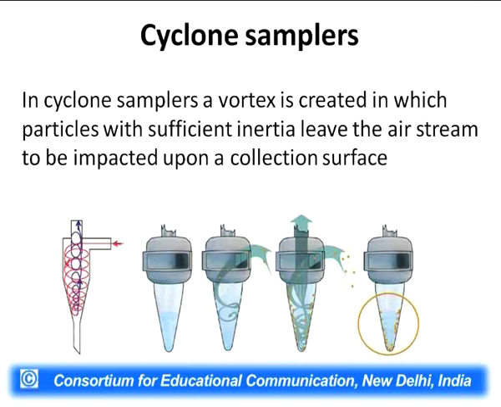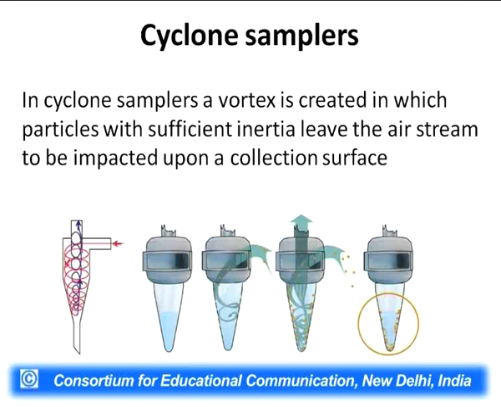So, as far as definition is concerned, we can say that in cyclone samplers a vortex is created. A vortex is basically a whirling of the particles so that particles can efficiently be deposited into the liquid.